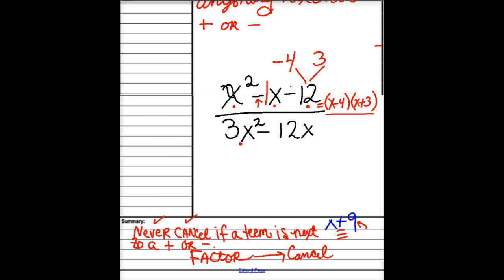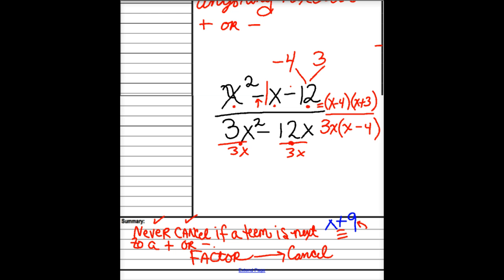On this next one, is this a difference of perfect squares? No. 3 is not a perfect square, neither is 12. But both of those have a 3 in them and an x. So I'm going to divide or factor out a 3x. When I take 3x out of the first term, I get just x. When I take it out of the second one, I get a 4. Now I'm dividing each of these terms by 3x.